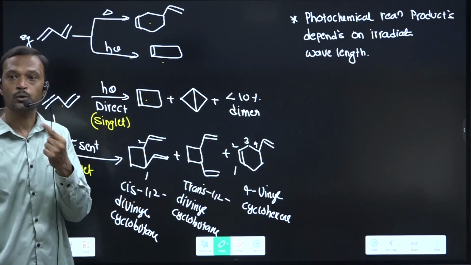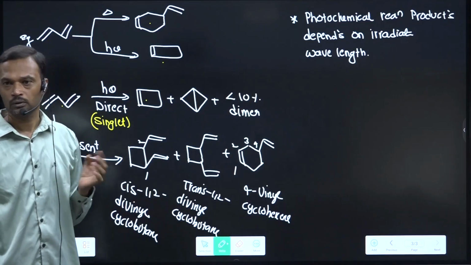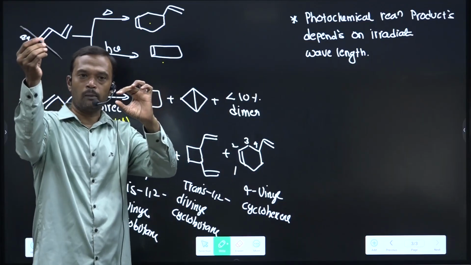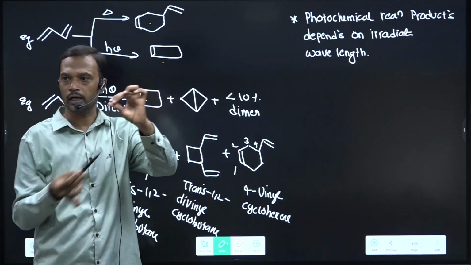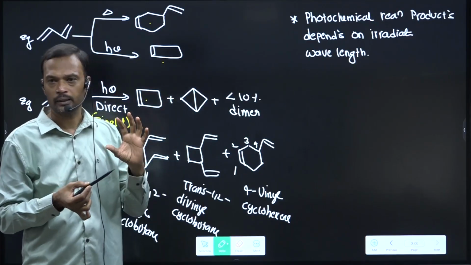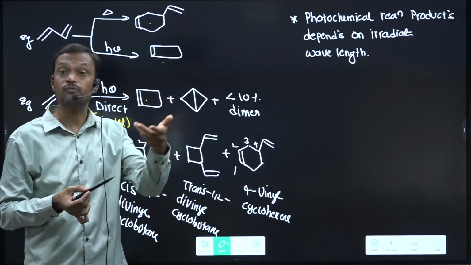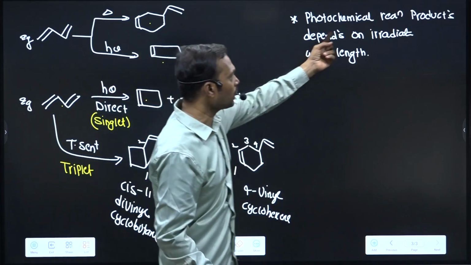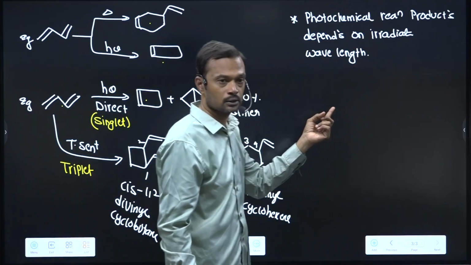So how can you come to know which wavelength is suitable for that molecule? Right or not? See, I am taking one molecule. To this molecule I am applying 175, 200, 275, 385, different wavelengths. With different wavelengths, you will get different products if possible. So photochemical reaction products of any molecule depend upon the irradiated wavelength.